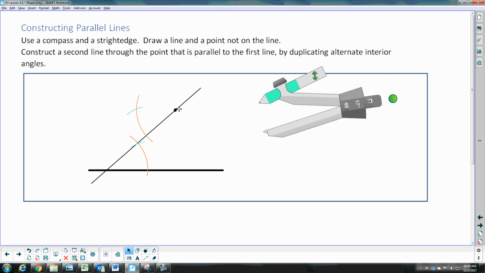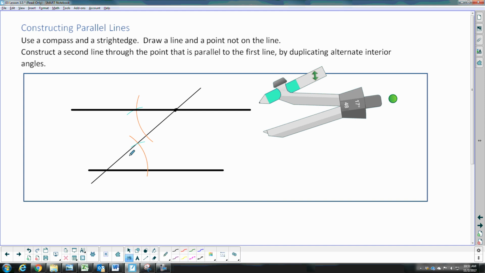Okay, now I have 2 points. 2 points form a line. So my parallel line is going to go through my original point and that new point that I just constructed.